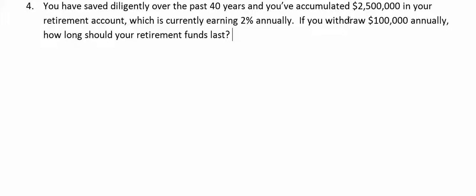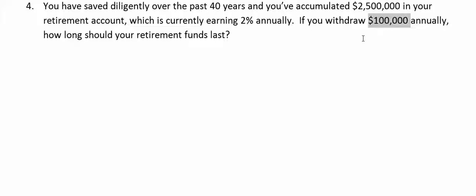Inflation would make this problem a lot harder. If we could live off $100,000 today, well, next year if inflation's 4%, I need $104,000 to live the same way I lived the year before. That would make our math much more difficult. It wouldn't be hard to figure out in Excel, but using interest factor tables, it'd be fairly difficult, and I'm not asking y'all to deal with that.